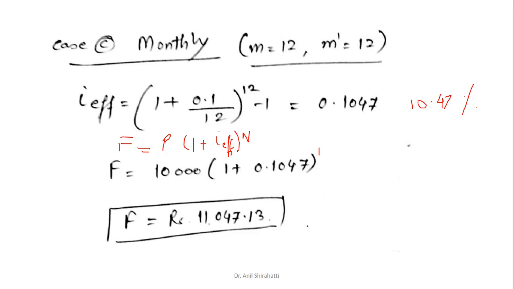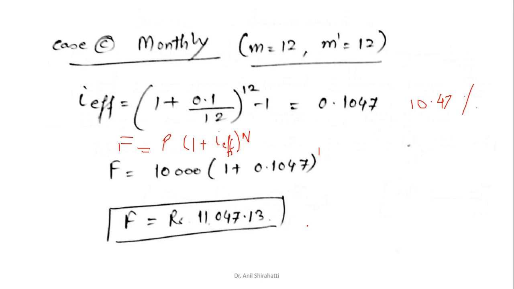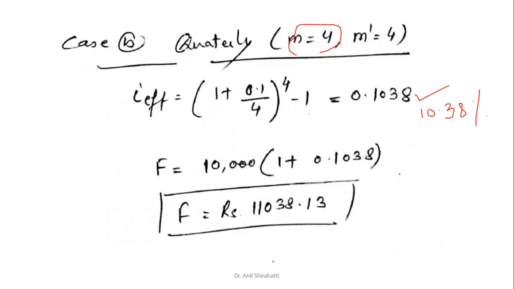So I got around 11,047 rupees. So you can see the amounts: monthly 11,047, quarterly 11,038, and semi-annually 11,025.